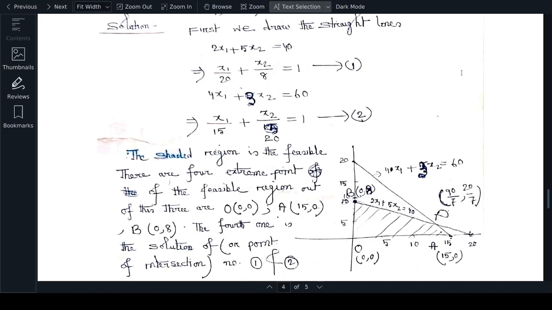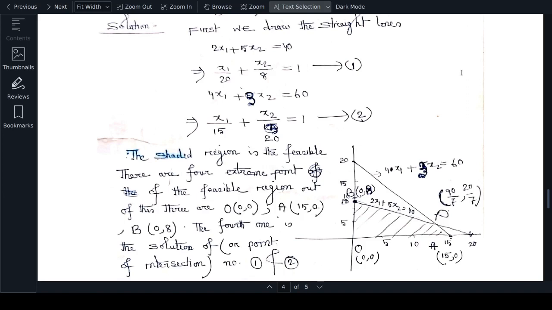You can write here: putting x1 equal to 0 implies x2 equal to 8, and mark coordinate A as (0, 8). Then similarly put x2 equal to 0, then x1 equal to 20, so B coordinate will be (20, 0). You can just change the names; no problem.